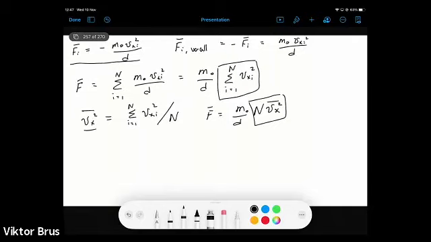For that purpose, we consider again a single molecule with velocity components Vxi, Vyi, and Vzi. So we can write that for some molecule, Vi squared will be equal to Vxi squared plus Vyi squared plus Vzi squared.